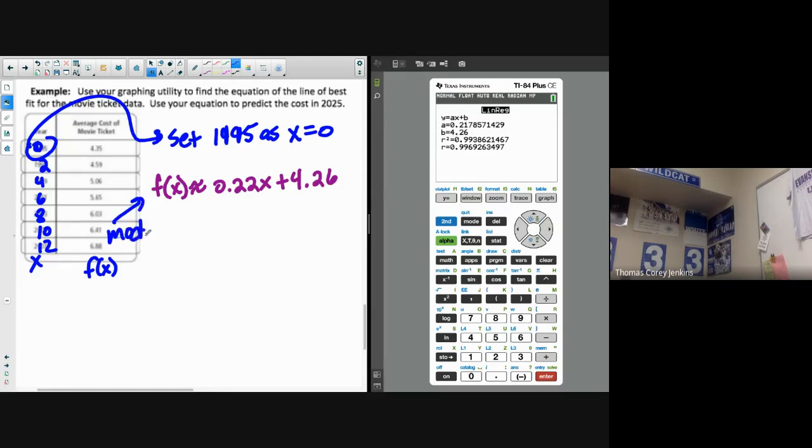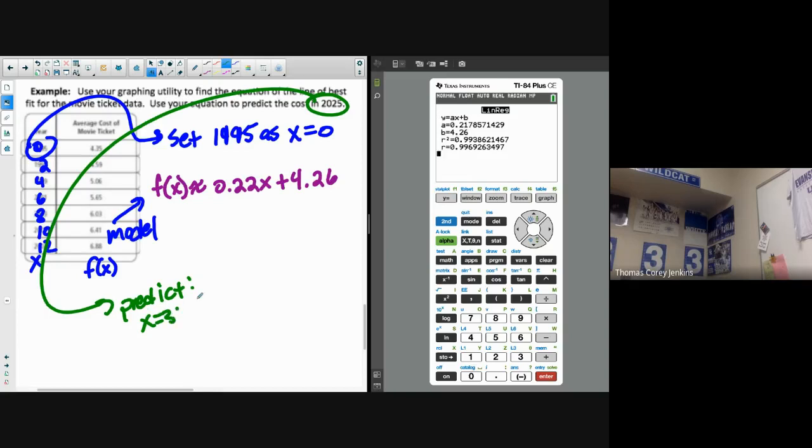Obviously, that's the hard part. Once you have your model, it's pretty easy to make a prediction, okay? So our prediction is going to be for the cost in 2025. All right, so in 2025, think about if 1995 is year 0, then 2025 would be year 30, right? Because that's 30 years after.